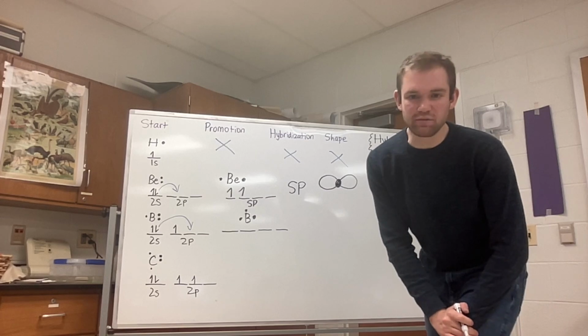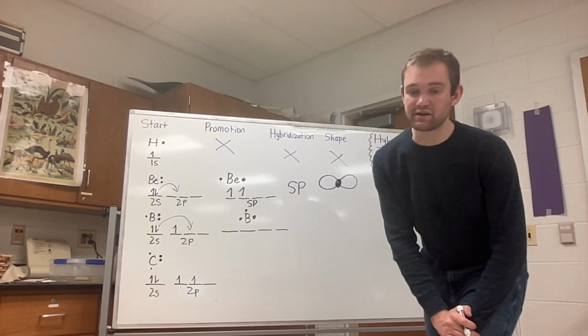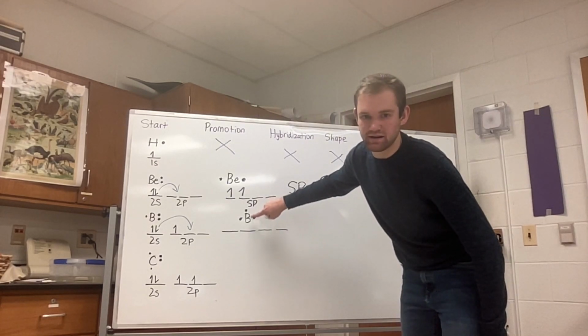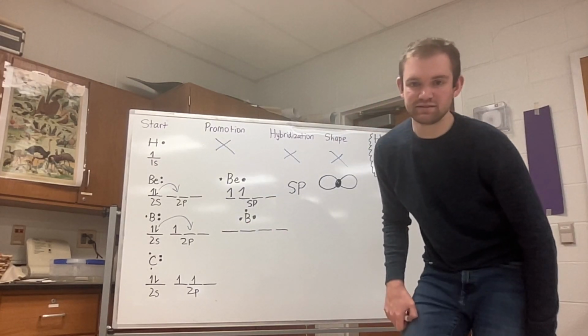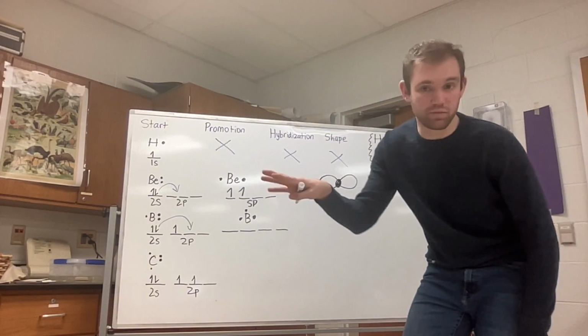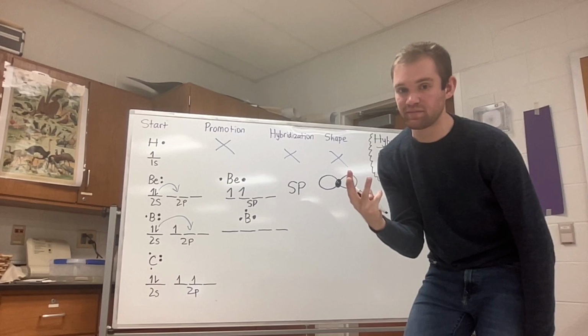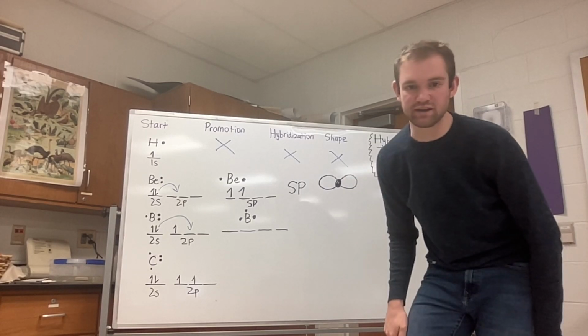Now, how do you do the hybridization here? Again, we're going to count how many regions of electrons there are. We're going to bond here, we're going to bond here, and we're going to bond here. So 3 bonds, no lone pairs. So 3 bonds means 3 regions of electrons. 3 concentrated regions of electrons.